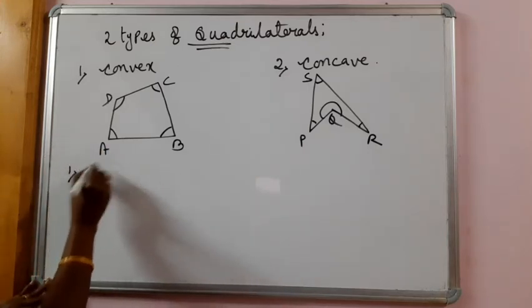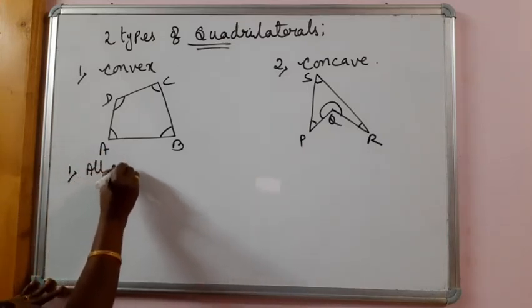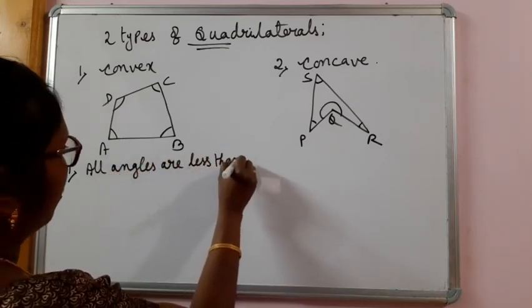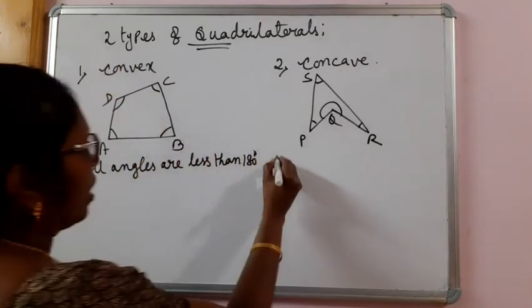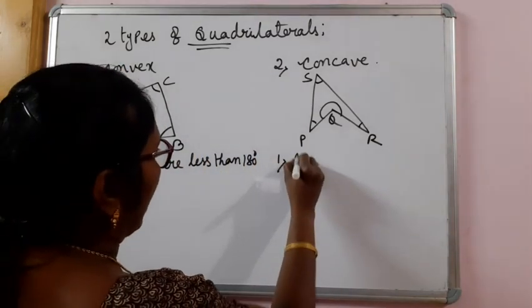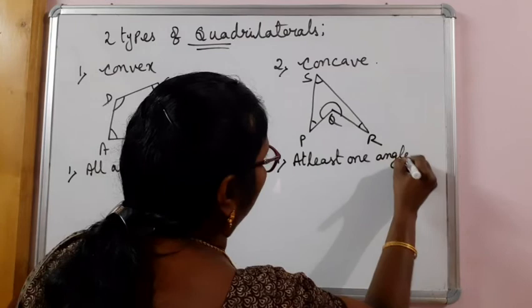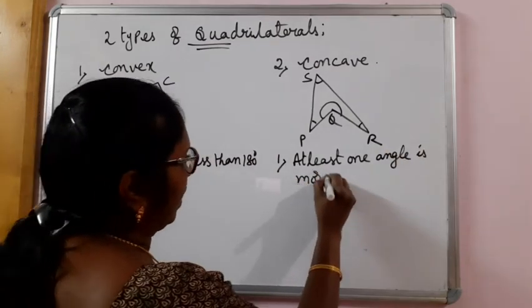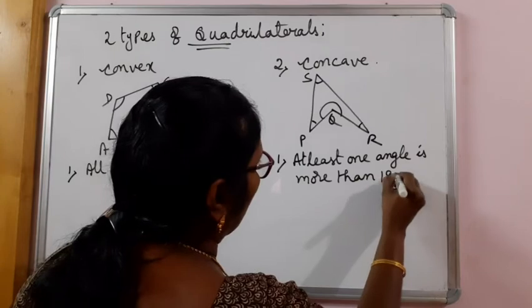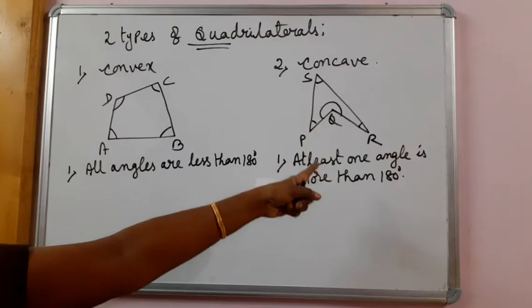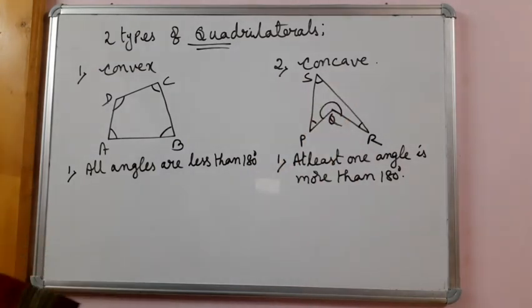So in a convex quadrilateral, all angles are less than 180 degrees, whereas for concave, at least one angle is more than 180 degrees. I think it is clear to you.